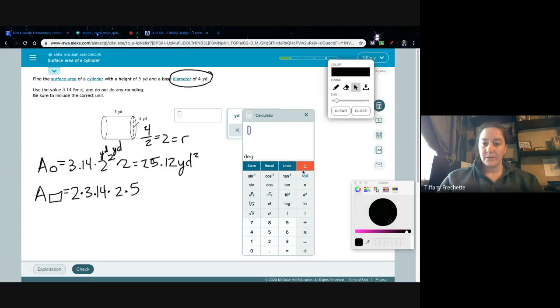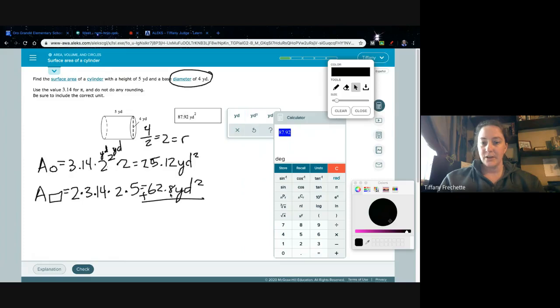So let's go ahead and go in here, and we have 2 times pi times 2 times 5 equals, and we get 62.8 yards squared. We want to add these two together because that'll tell us what our total surface area is. So plus 25.12 equals 87.92. Remember, no rounding, but you do need to make sure you select yards squared.